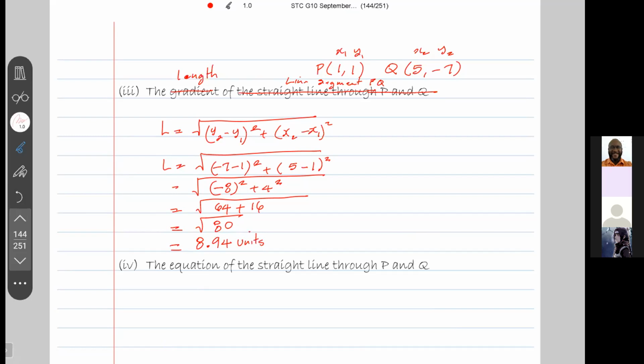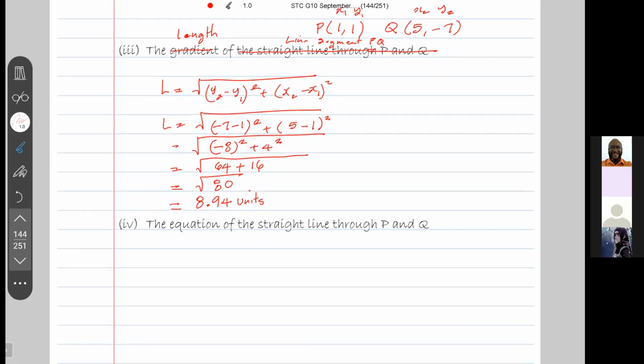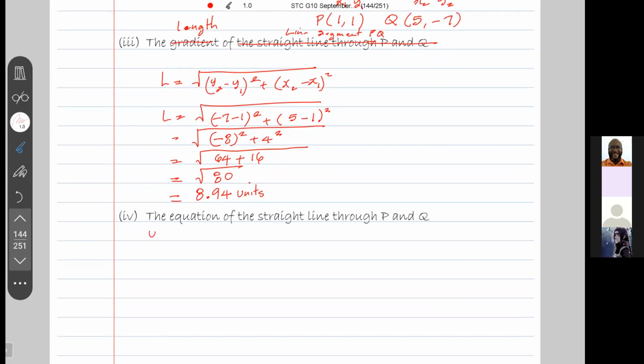That's how you answer it. The last thing, guys, for me to do, the equation of the straight line through P and Q. This is the formula for determining the equation of a straight line.